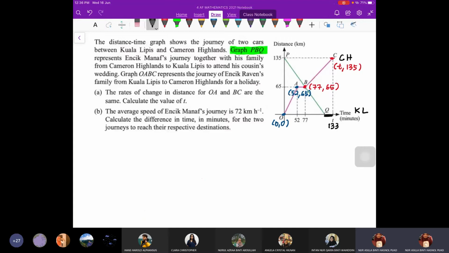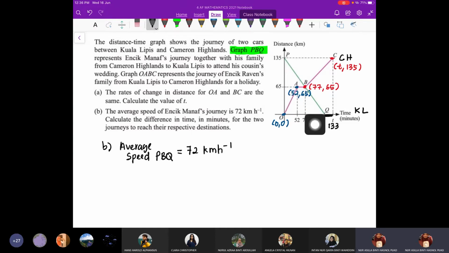So B, average speed untuk PBQ is 72 km per hour. Okay, total distance over total time. Okay, kamu boleh tahu tak total distance? Yes.